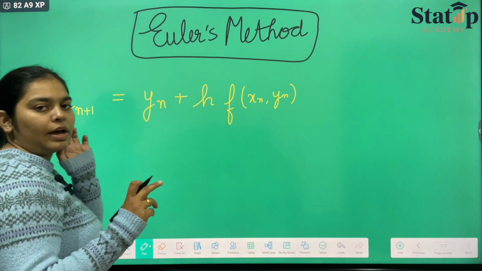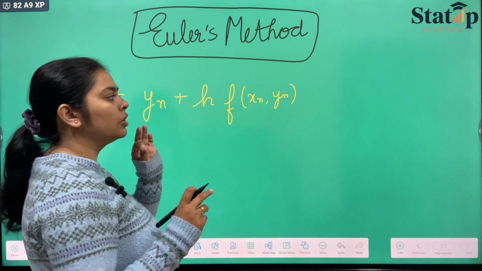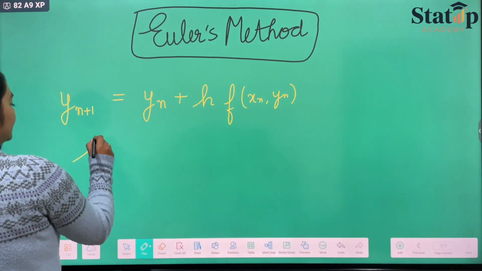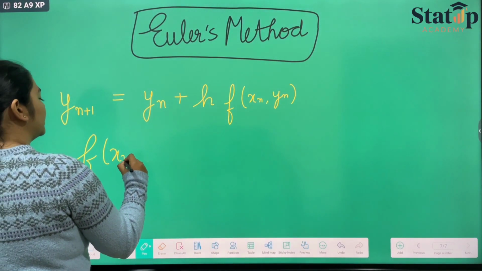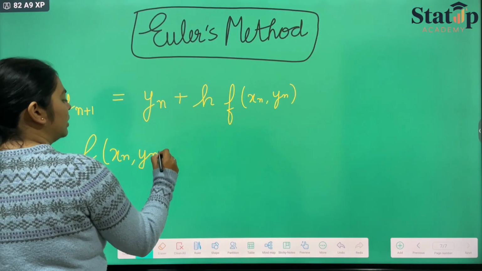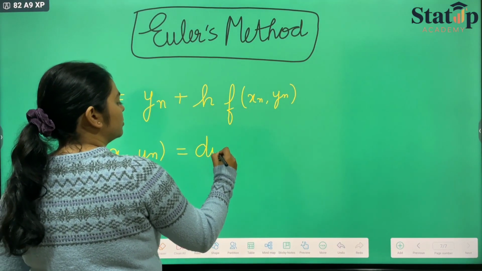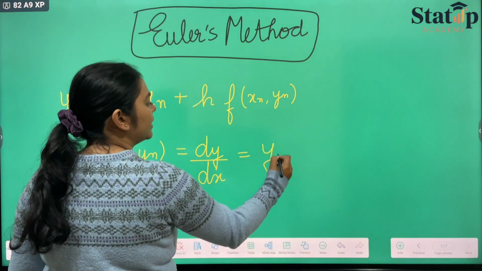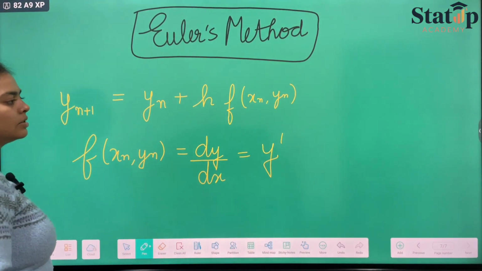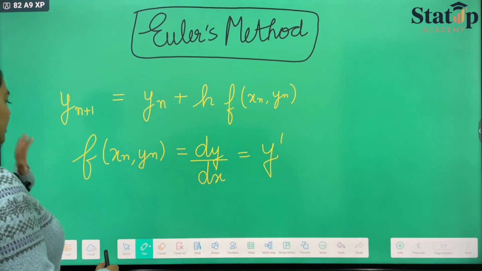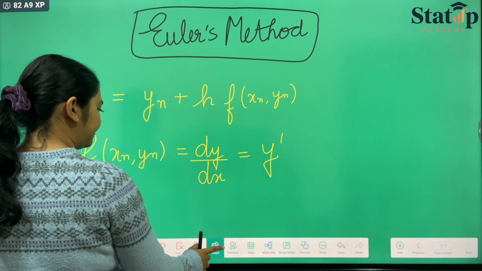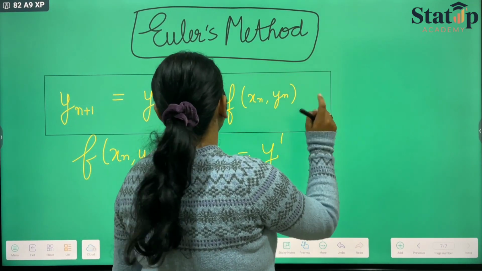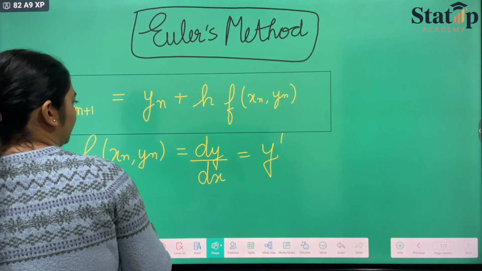And f of x n, y n is the function which includes both x n and y n. It may be written in the question like this also, as y dash or something like this. So this is the formula for Euler's method, and it is a short formula, but it is very important.